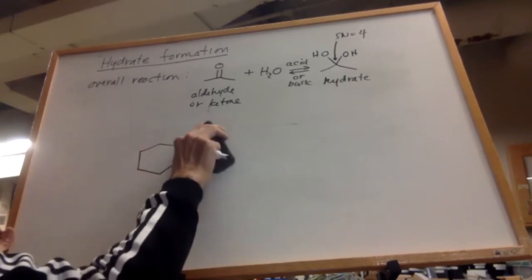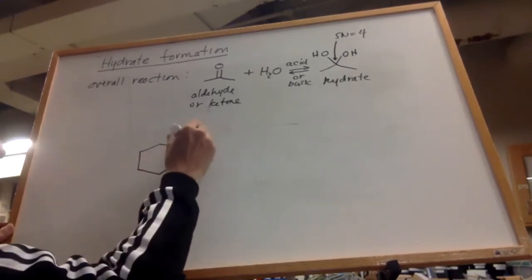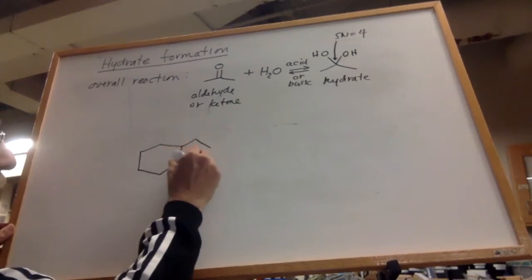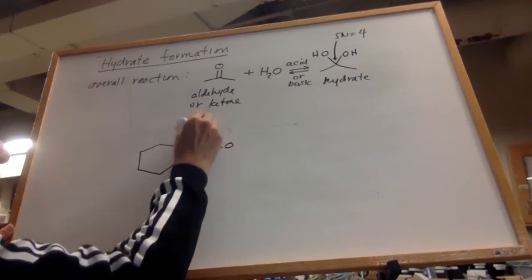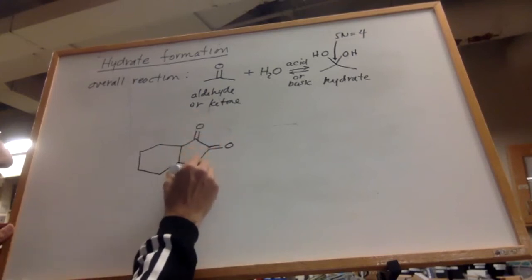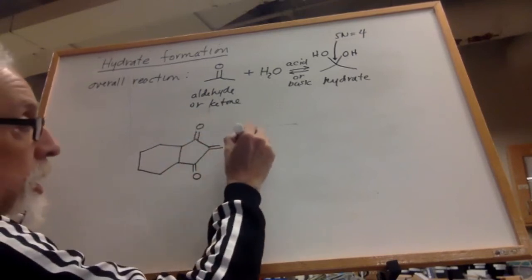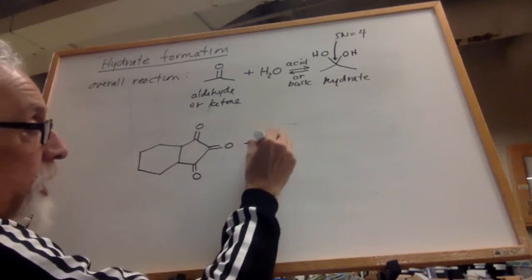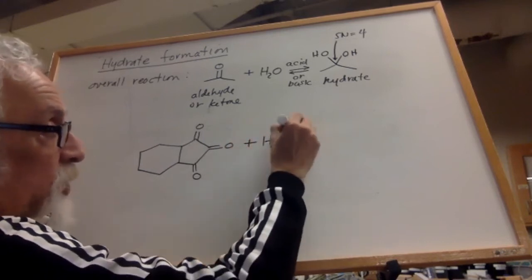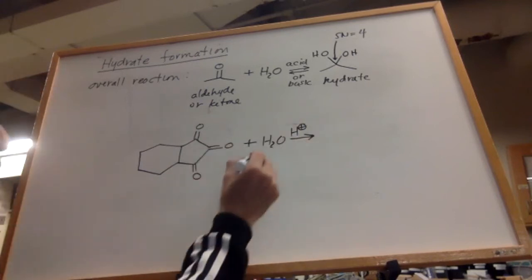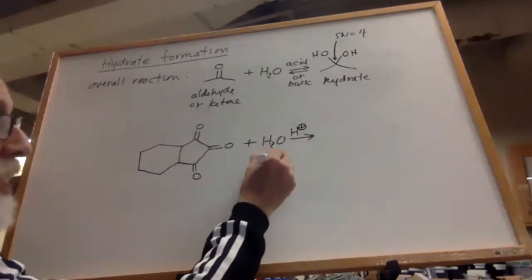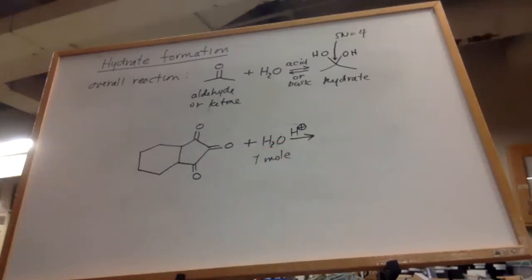I want a 5-membered ring here. Plus water. And anytime you see an H plus, that means acidic conditions. But this time, going to make the problem a little bit more challenging by telling you that we only have 1 mole of water.